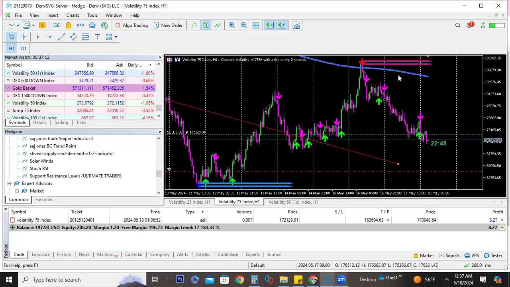So what happens is that the support hits, and I'm like, okay, the support hit. Then I wait until I get one of these arrows. I wait until I get a sell arrow here, right? This is the trend point arrow. Once it hits, I know the market is moving down. It's confirmation that the market is moving down.